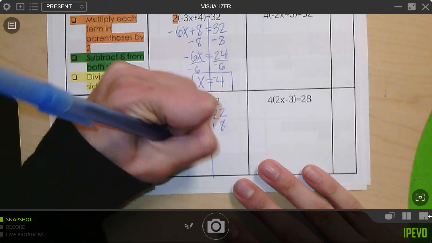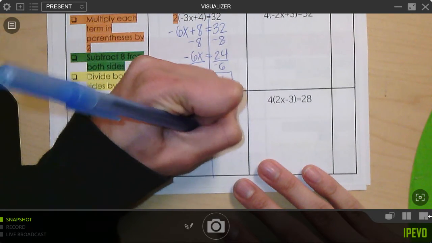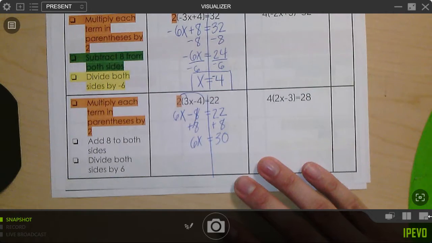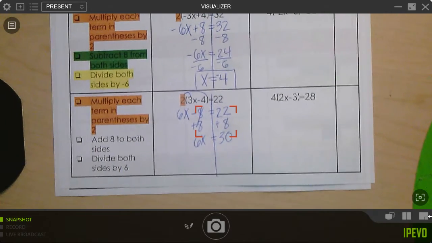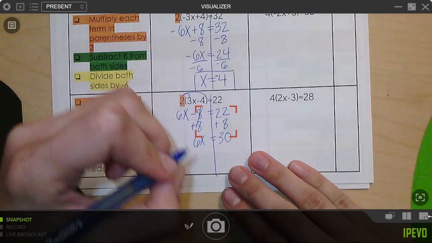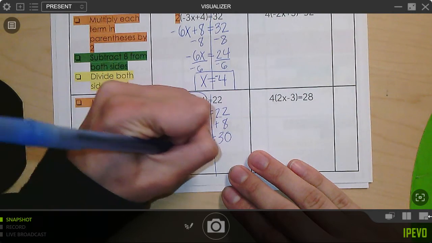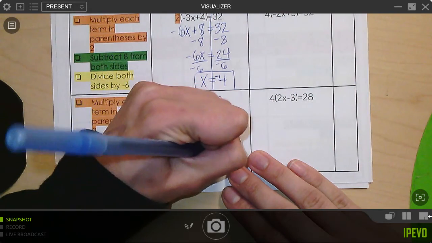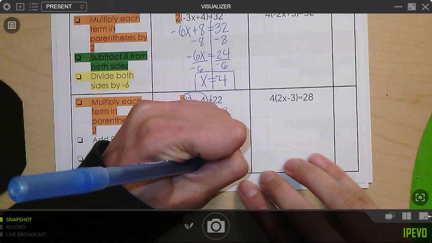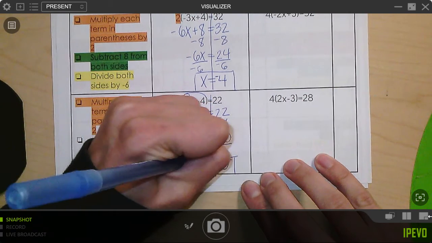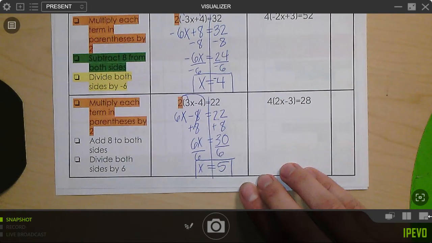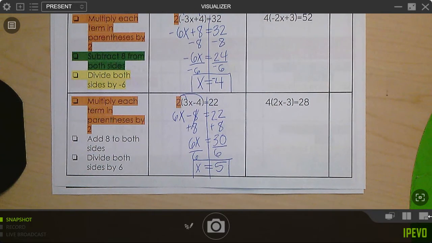We get 6x equals 30. And then we are going to divide by 6 on both sides. So x equals positive 5. Take a moment to copy all of that.